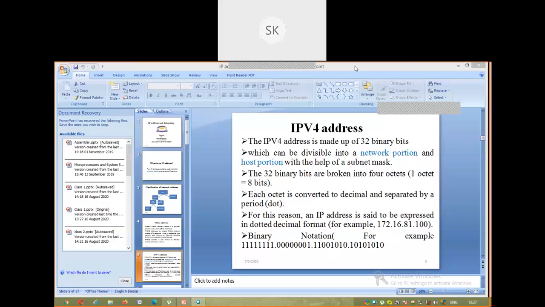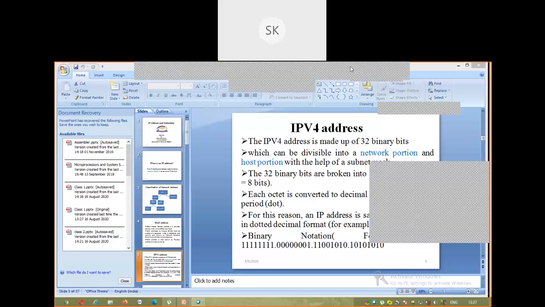Somebody told me not understood. Shubhanjit, is it clear? That line, the second line of this slide. Reply, Shubhanjit. Reply in the chat box. Is it clear now?